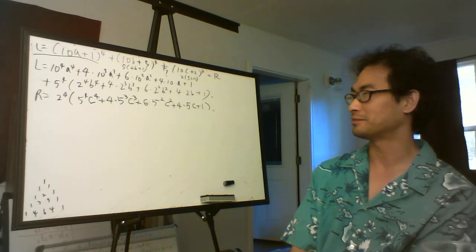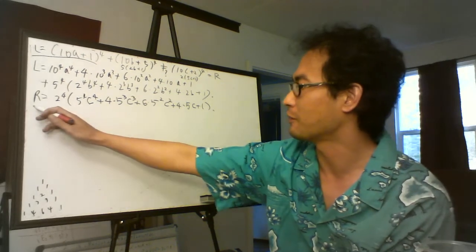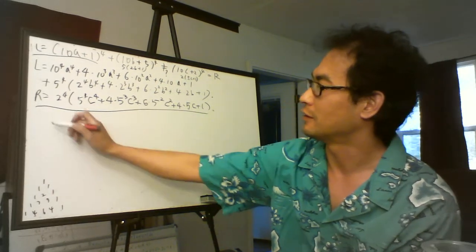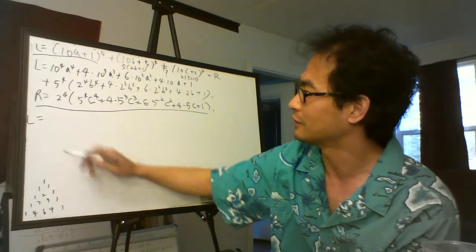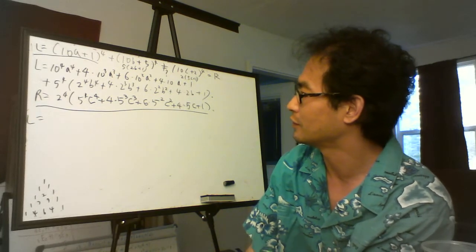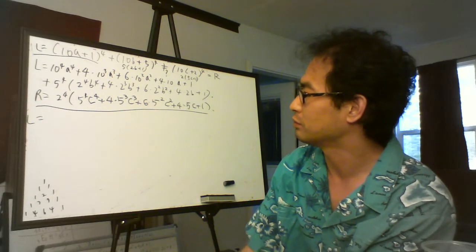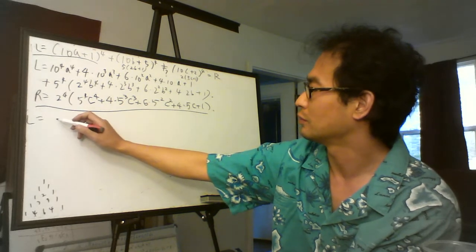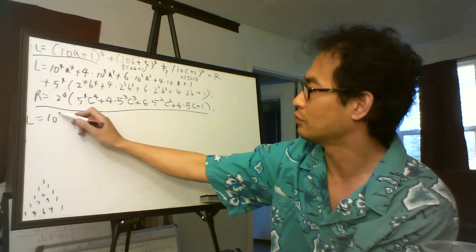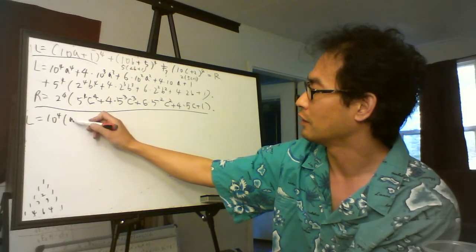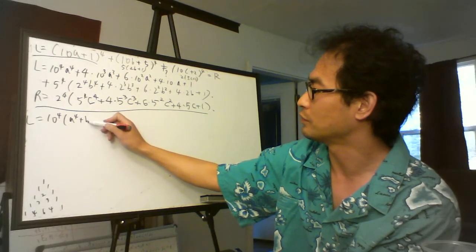Trust me. But, well, I've got nothing better to do, so okay. So, left hand side. I don't believe I'm doing this. So, 10 to the fourth, a to the fourth plus b to the fourth.